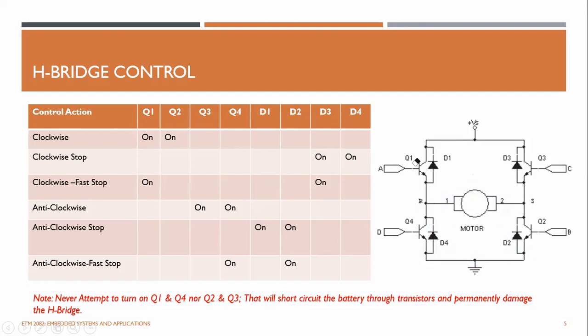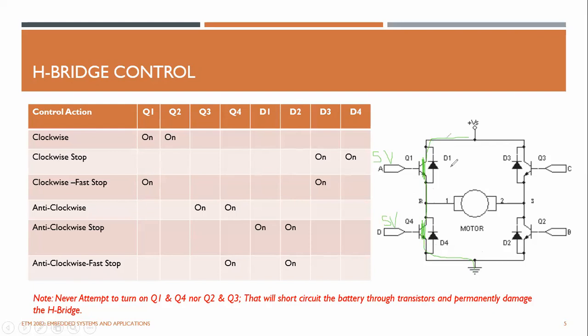And one interesting point is, when you do the microcontroller programming, do not turn on Q1 and Q4 at the same time, right? So if you provide logic 5 to this pin and logic 5 to this pin, it turns on this transistor and this transistor. That will short circuit the battery towards this path, right?